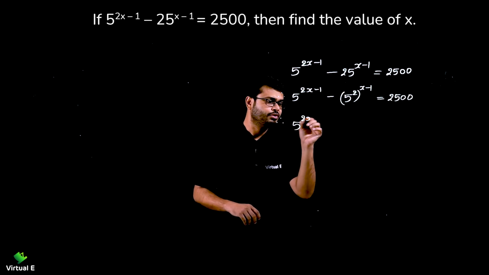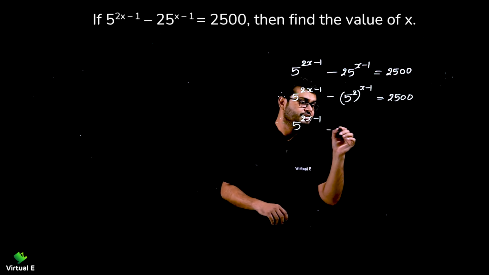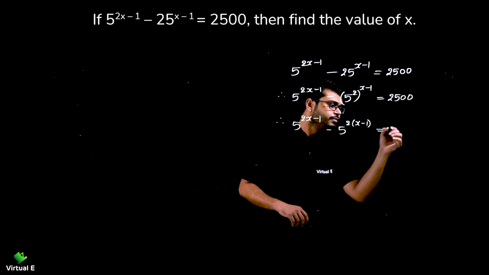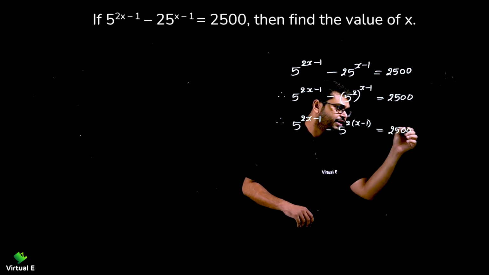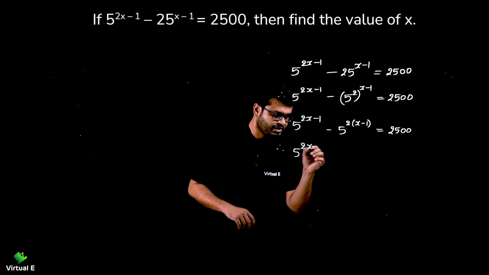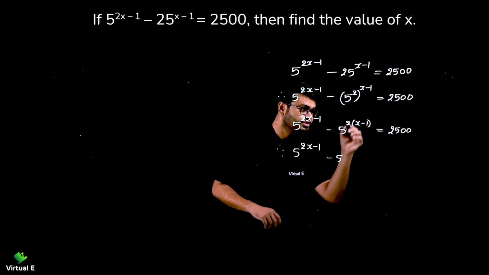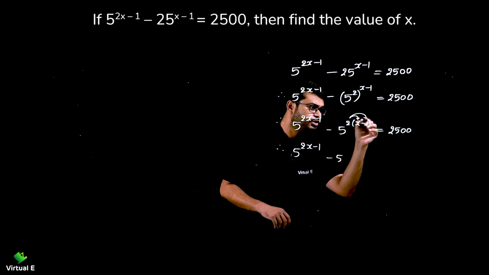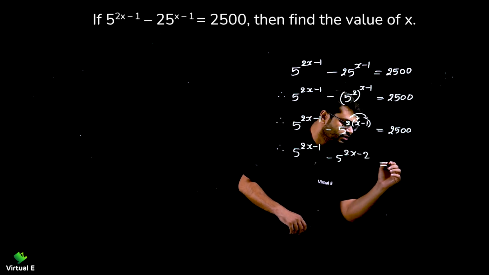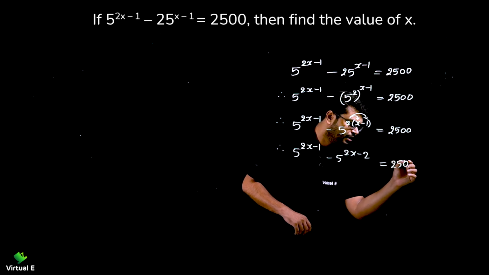5 raised to 2x minus 1 minus 5 raised to 2 into x minus 1 is equal to 2500. Let's solve further. 5 raised to 2x minus 1 minus 5 raised to, let's use the distributive property, 2x minus 2 is equal to 2500.